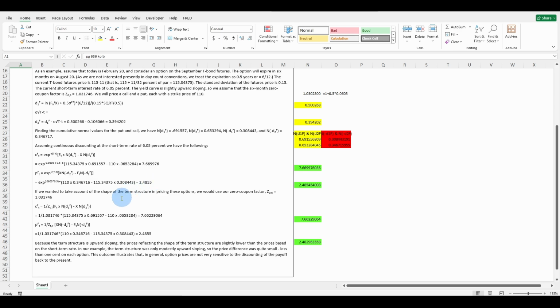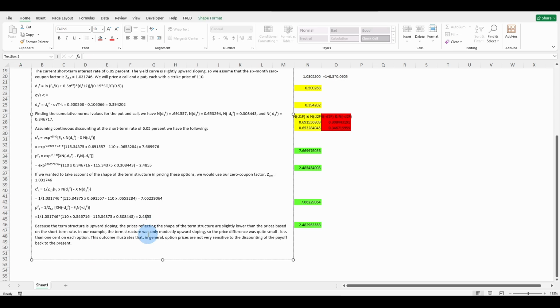If we wanted to take account of the shape of the term structure in pricing these options, we would use our zero coupon factor, 1.031746, instead of the exponential. So we have 1 divided by 1.031746 times the same 115.34375, and then we follow the same formula, and the put is 2.4855.